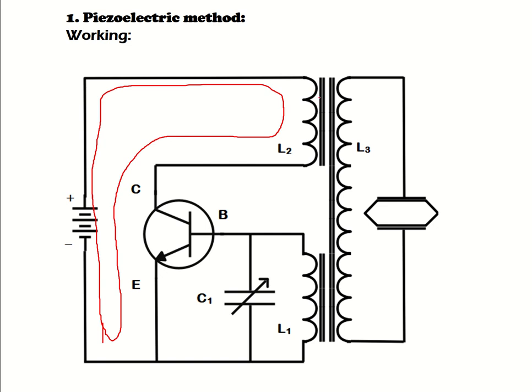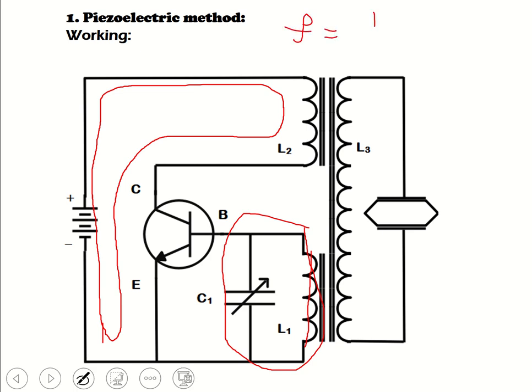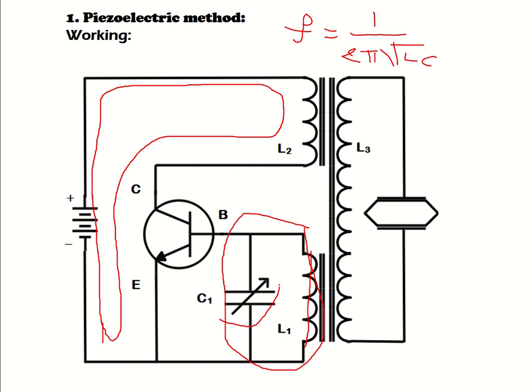This change in current will mutually induce a current into the L1 coil, and due to that this tank circuit will start oscillating with a particular resonance frequency, which is given by F is equal to 1 upon 2 pi under root L into C. If we set the value of this variable capacitor in such a way that the frequency of oscillation becomes 20 kilohertz, then we can oscillate this tank circuit with a frequency beyond 20 kilohertz.